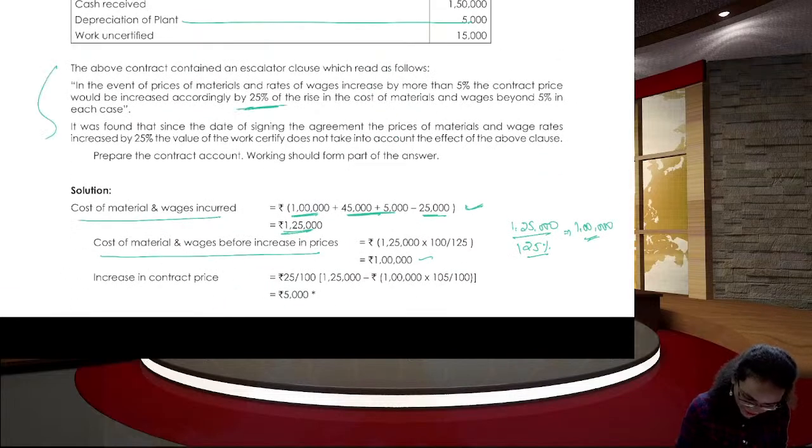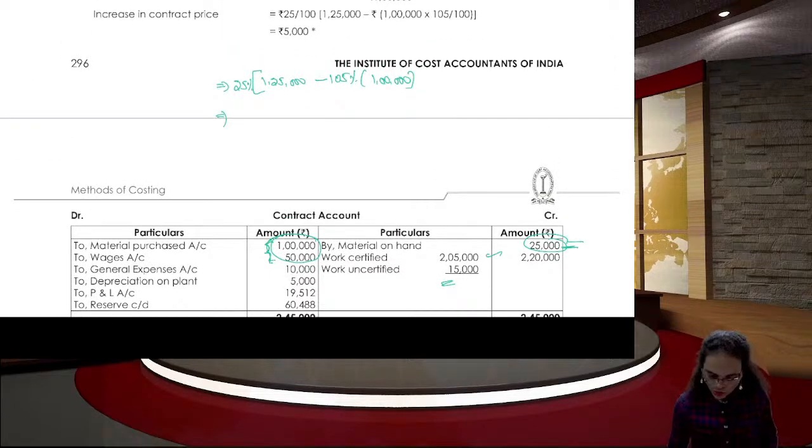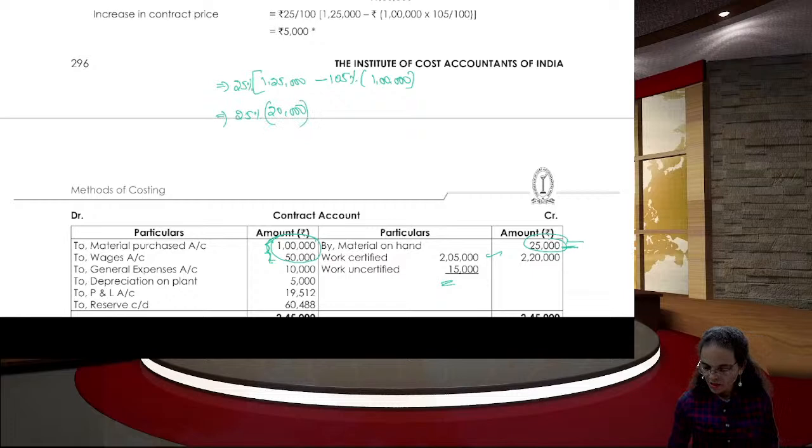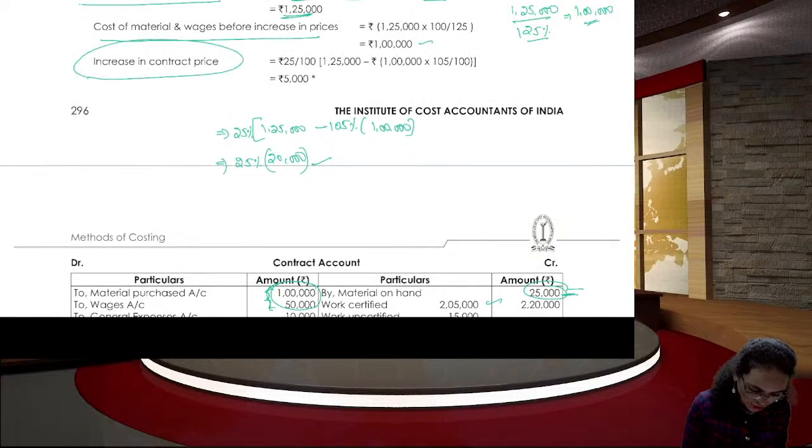So 1 lakh into 105% is 1,05,000, and 1,25,000 minus 1,05,000 is 20,000. 20,000 into 25% is nothing but 5,000. That is the increase in the contract price.